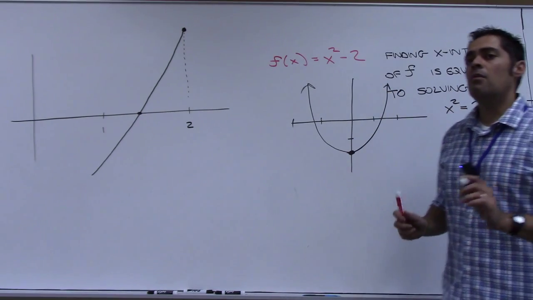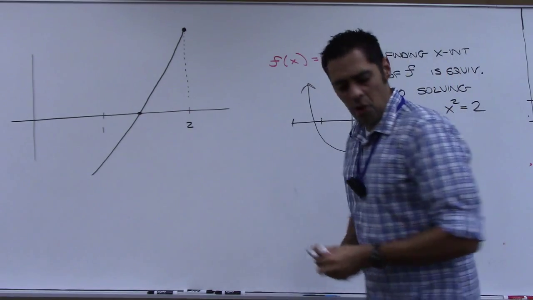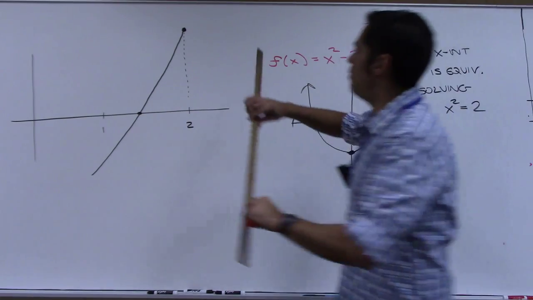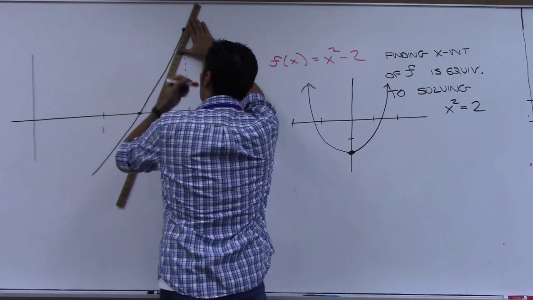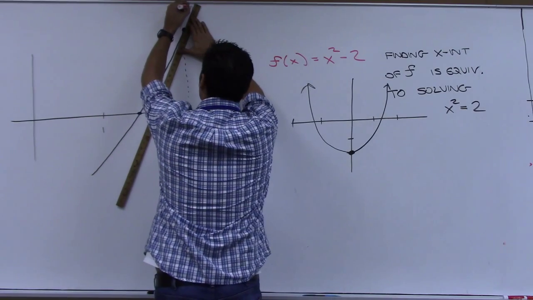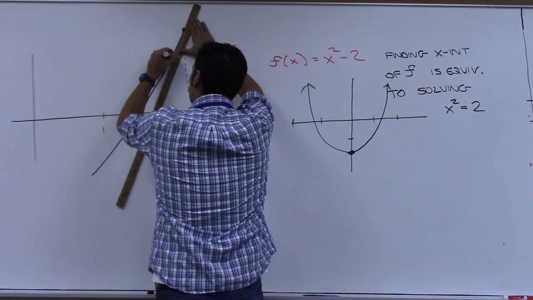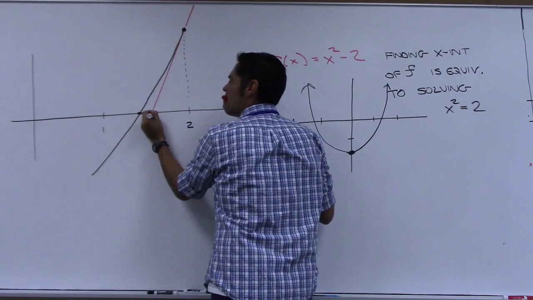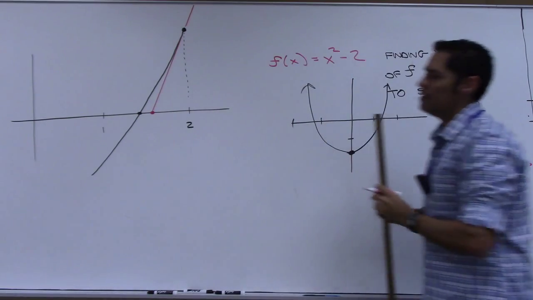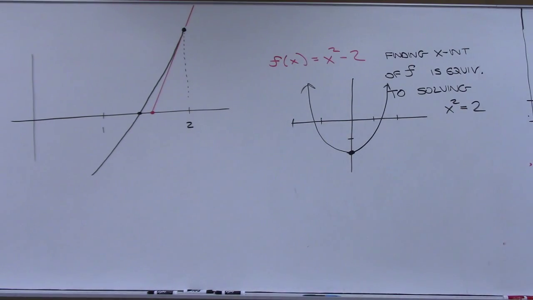Okay. Now, look at what happens. If I look at the tangent line at that point, here's the tangent line. Look at where that tangent line hits the x-axis. Is that closer to the true x-intercept?